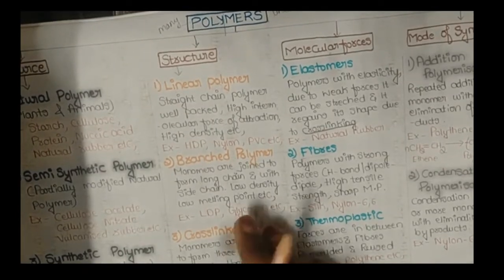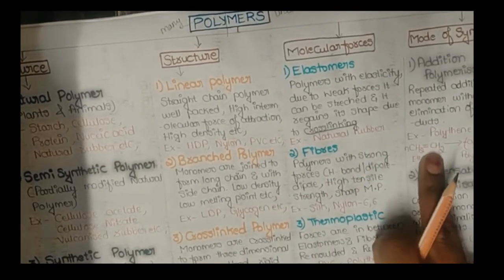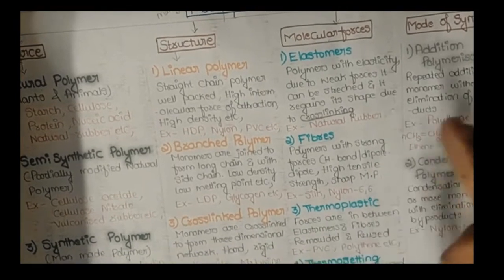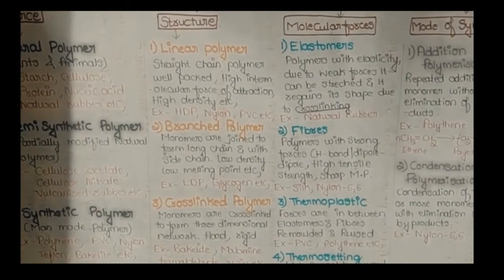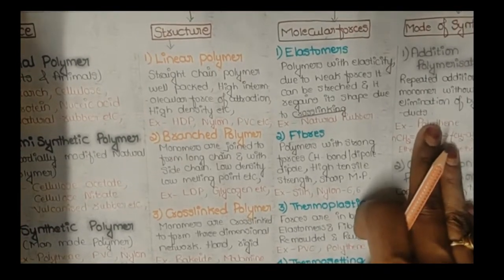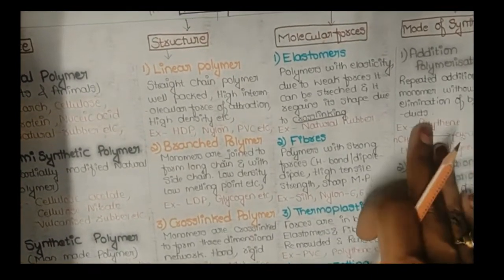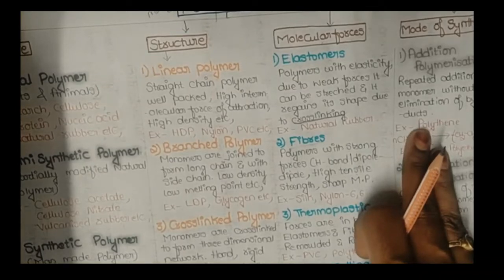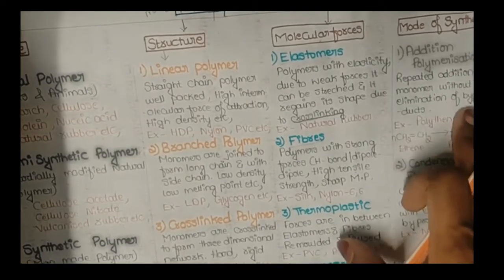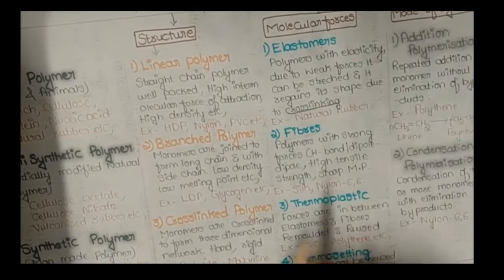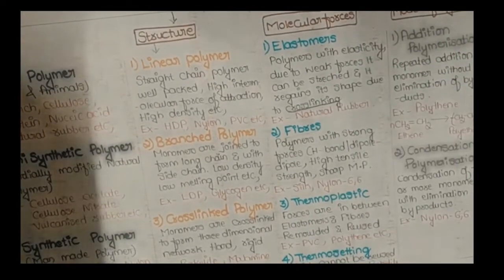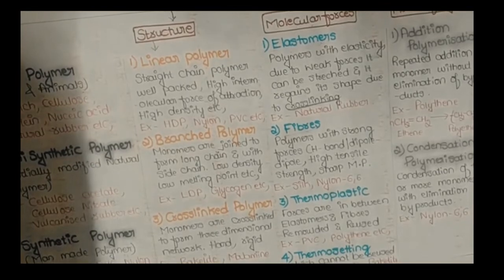So here the unsaturated monomer keeps on adding without elimination of simple molecules like water, or HCl, etc. Water or HCl can also be considered as a byproduct. So therefore I have written repeated addition of the monomers without elimination of byproducts.